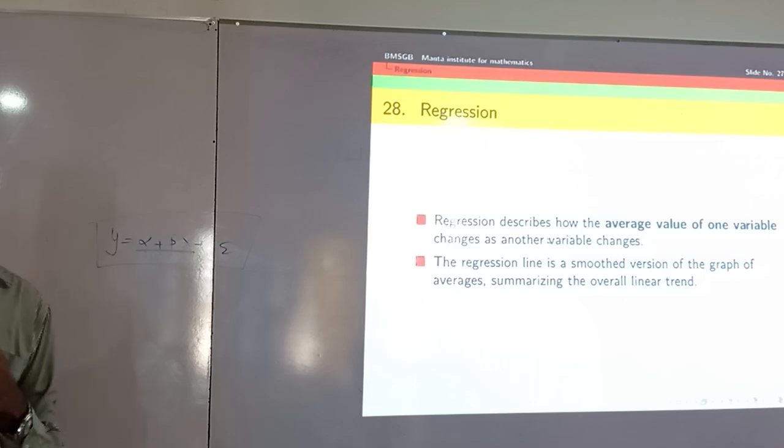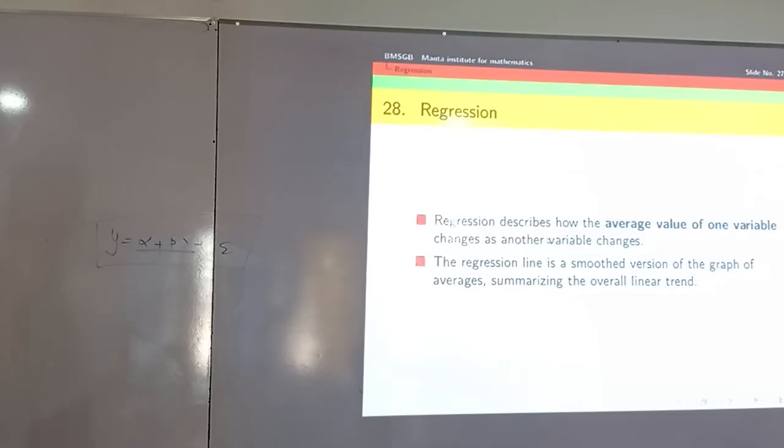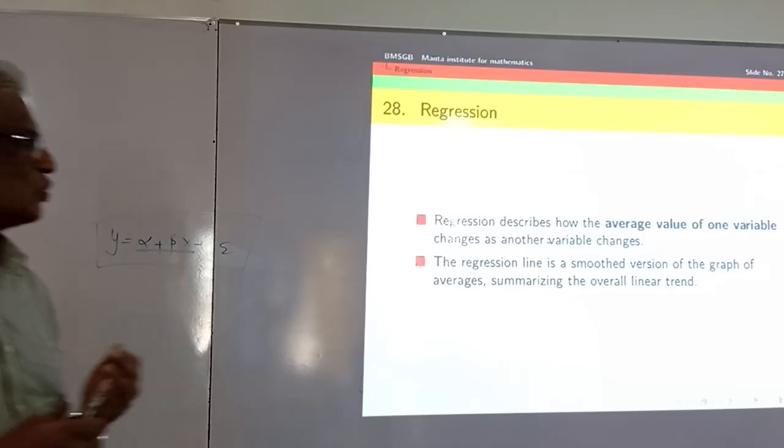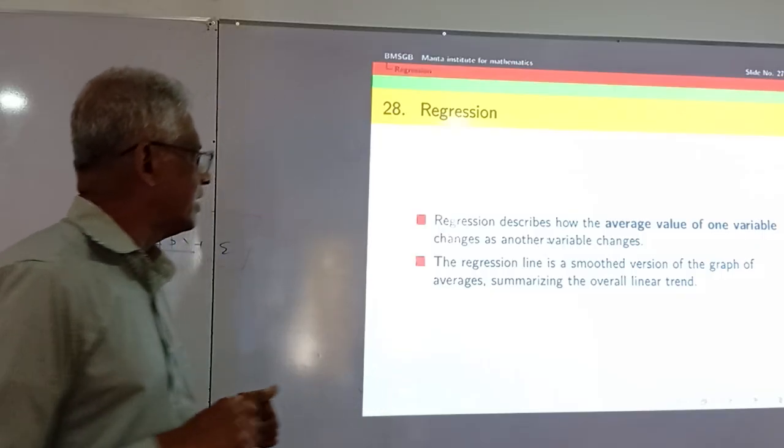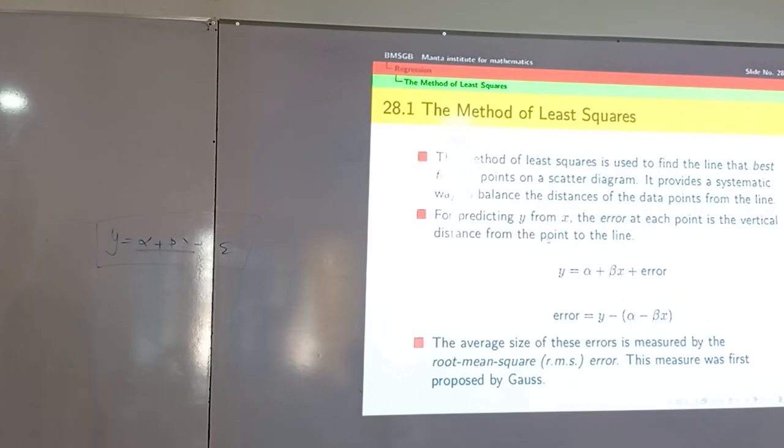So these average points, we are trying to draw a line through these average points. The best line that goes through them is called the regression line. So the regression line is a smooth version of the graph of averages summarizing the overall linear trend.